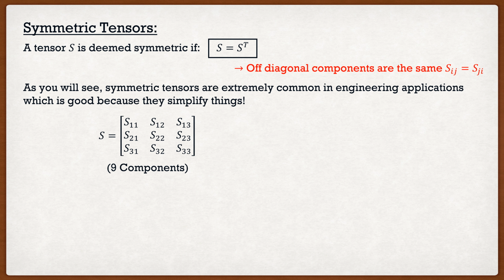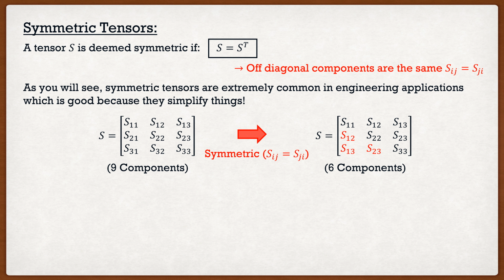Instead of having S12 and S21 as different values, we know they're actually going to be the same. So we go from 9 components all the way down to 6 components, which is great because it just means fewer calculations for you. And no matter what the scenario is, if you have fewer calculations, it's usually a very good thing.